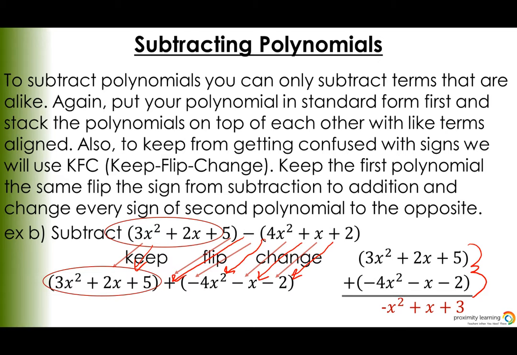A 3x squared plus a negative 4x squared results in a negative x squared. So there are two ways we can do this. You can either align them top to bottom like this, lined up just like a regular old addition, subtraction, or multiplication problem.